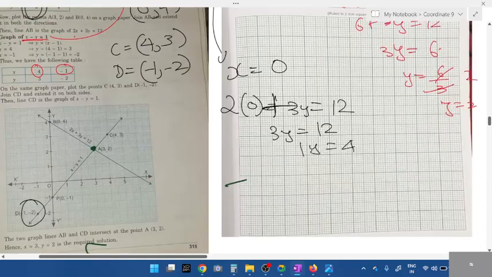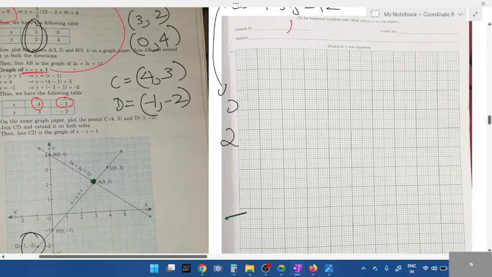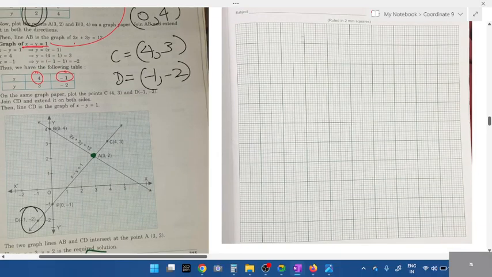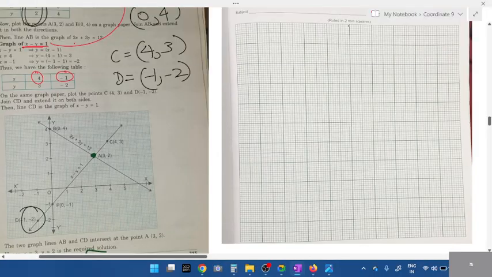You all know how to plot, right? 1 comma 1, minus 1 comma minus 3. Okay, let us plot it. Only one, I'll plot only one. Other things are the same, students, like this.